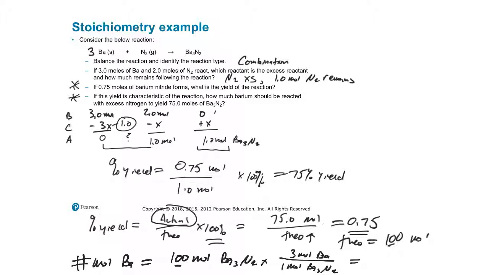So I should mix about 300 moles of barium with excess nitrogen. We should get 100 moles of the barium nitride, but because of the 75% yield, we only get 75% of that, which ends up being the desired 75 moles. So that's just a way we can use a percent yield to solve a problem like this one.